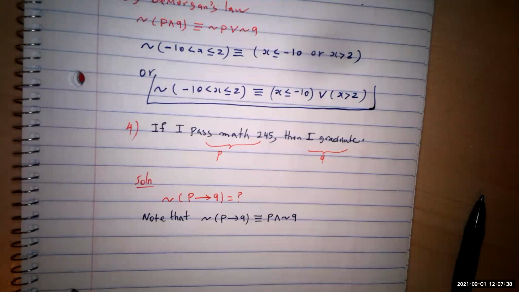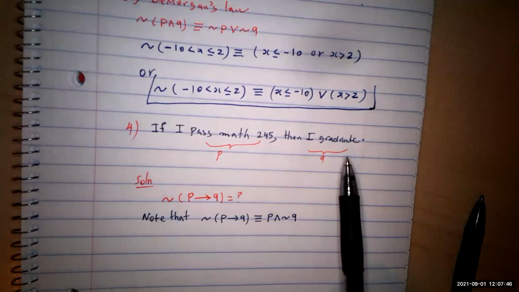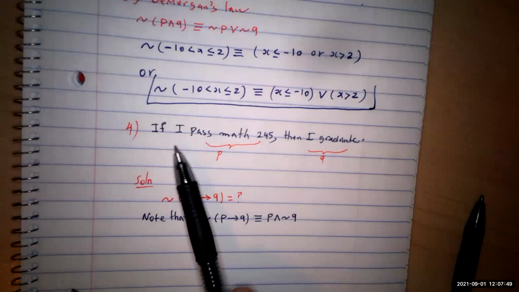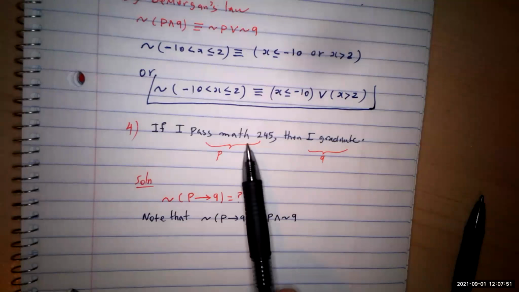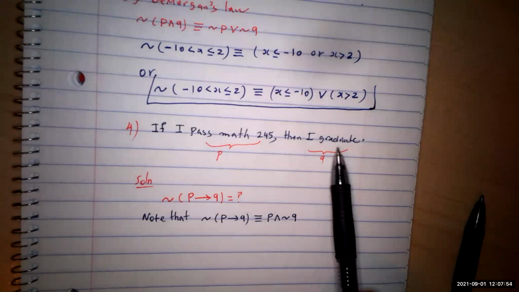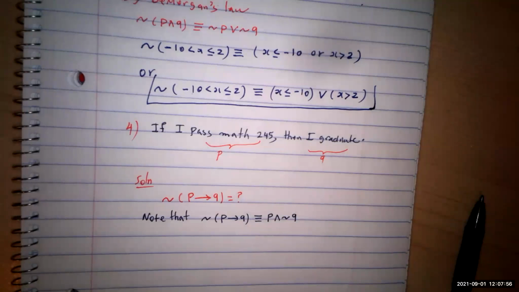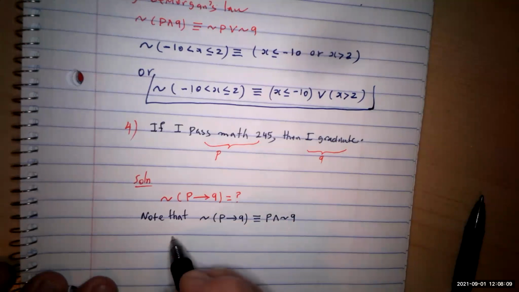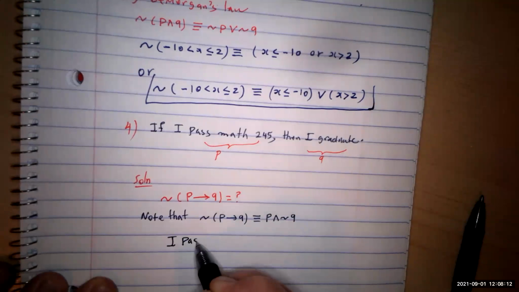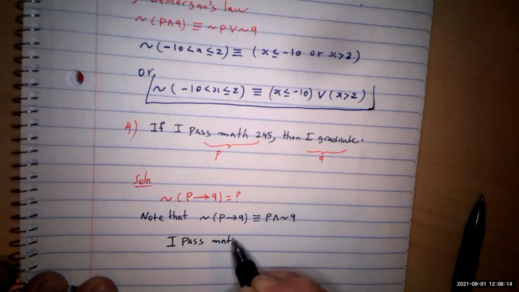P and not Q. And the important part is it's not going to be a conditional implication. Most of the people, the way they do it, this is what I get on the test. They say, if I don't pass math 245, then I don't graduate, which is wrong. It's not the negation of this expression, okay? So we've got to be careful, because the negation is going to be this one. There is not going to be an implication. So this is it. The P, I pass math 245.